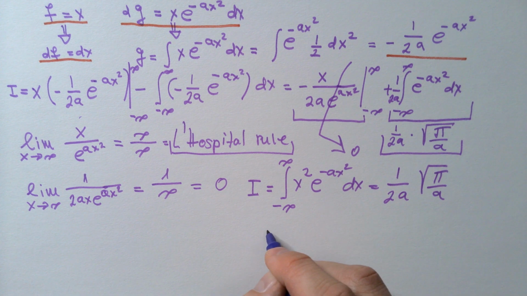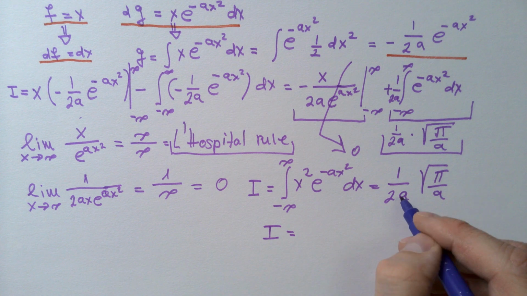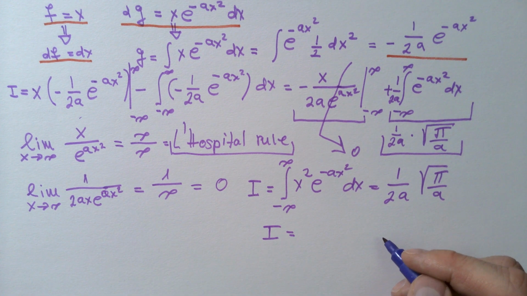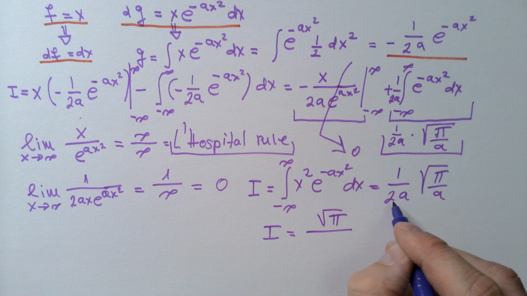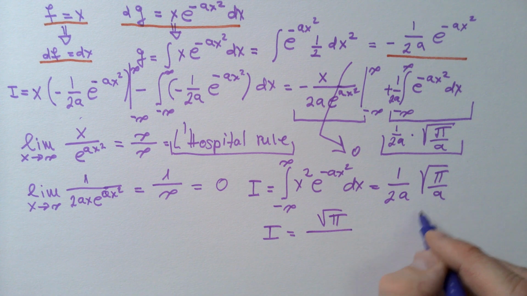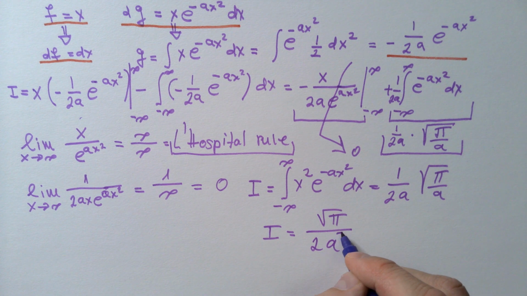Of course, you can be a little bit more fancy and say that this is further equal, if you manipulate this square root of pi, and then you combine 2a and square root of a, to get 2a to the power 3 over 2.